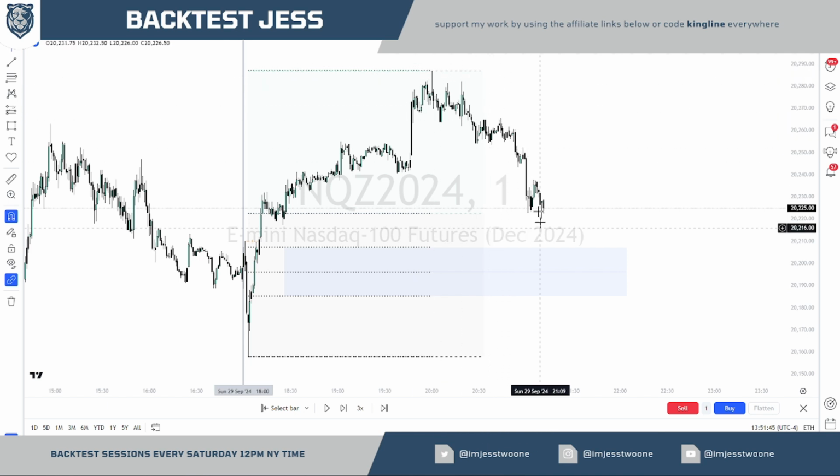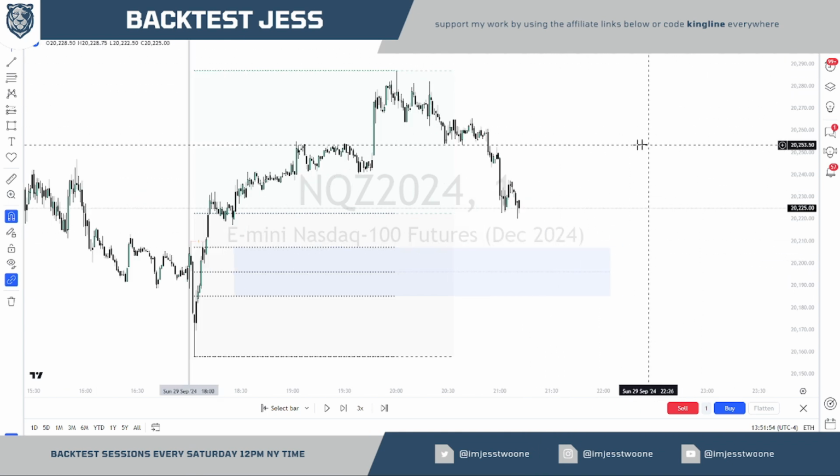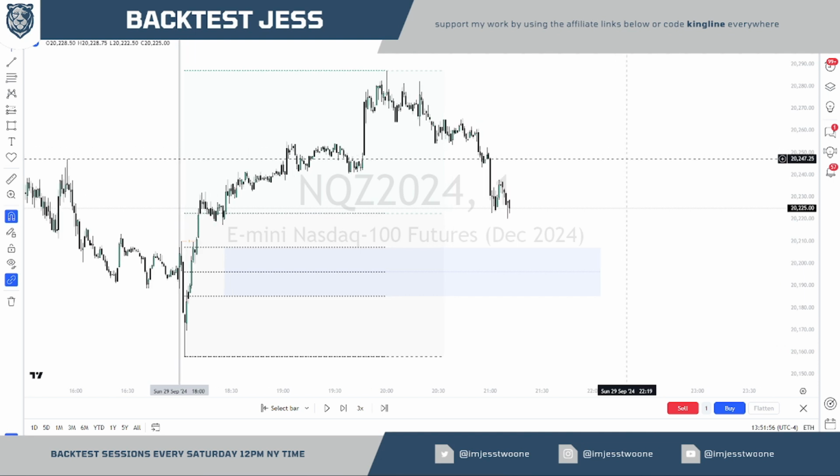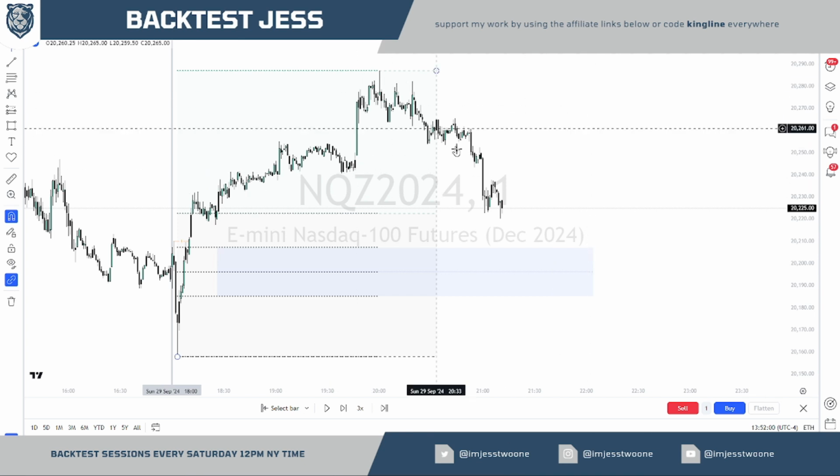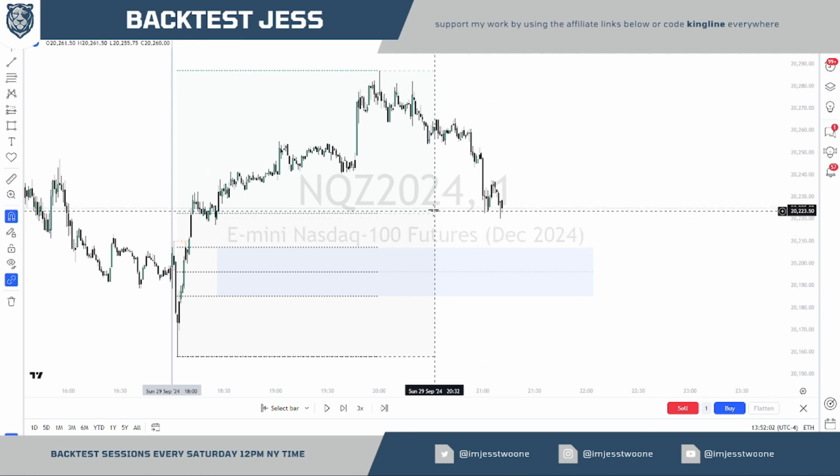So if you wanted to, you can just wait until we get to discount and then wait for a swing low to form, then take it in the bullish direction, that is 100% an option too, right? So you can trade counter trend or pro trend using a simple tool, premium and discount.